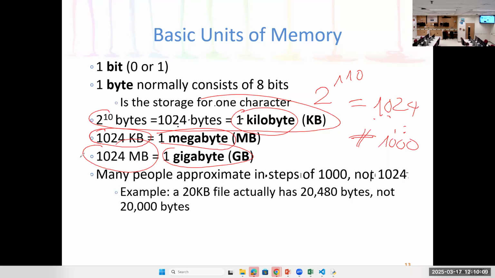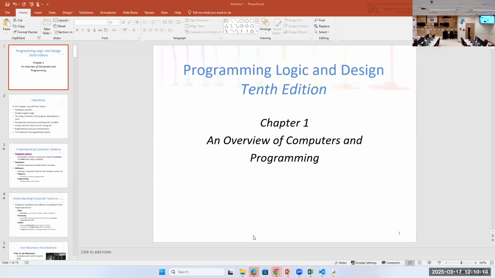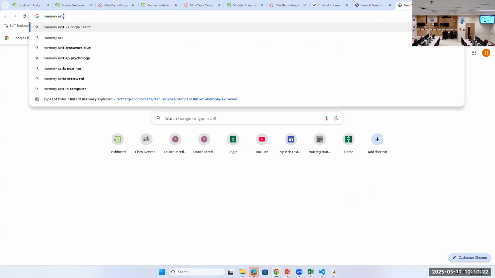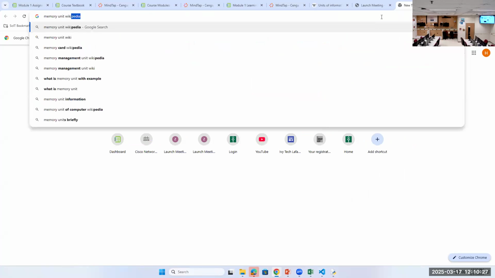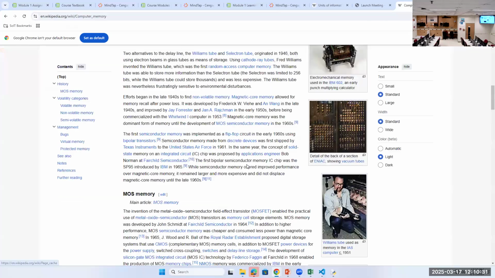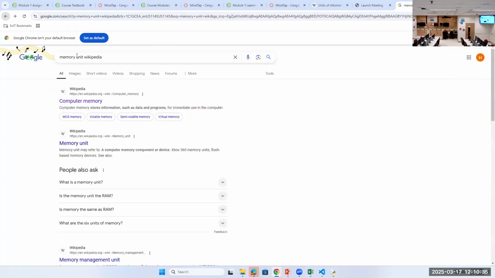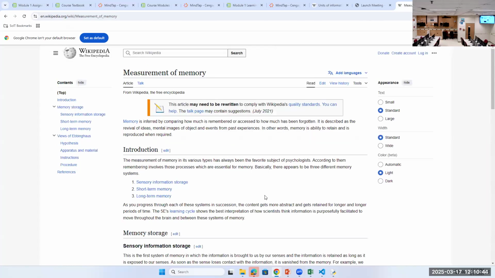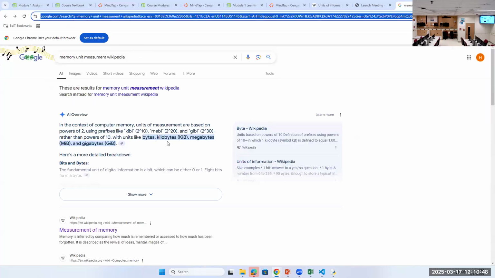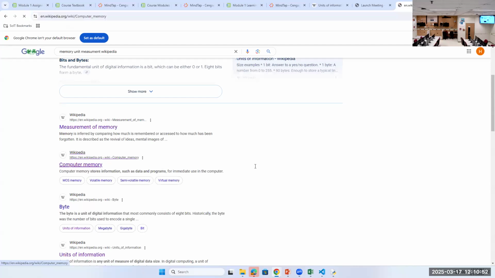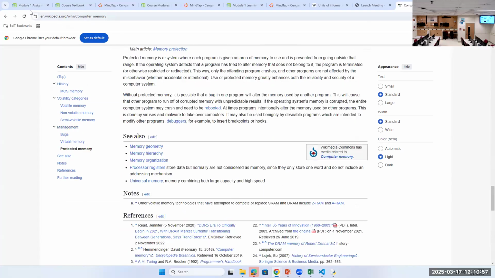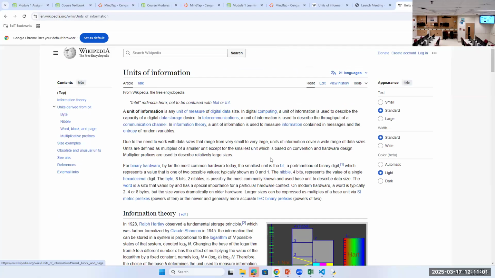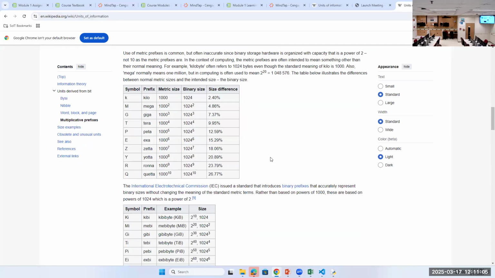So basically, I can show you, right? So see, for this one here, if you have 1 kilo here, actually you have 1,024, right?